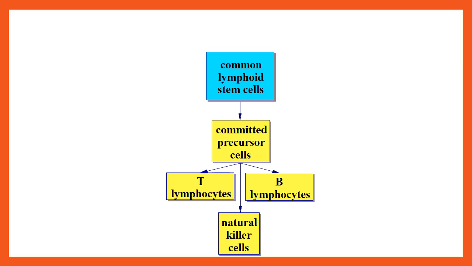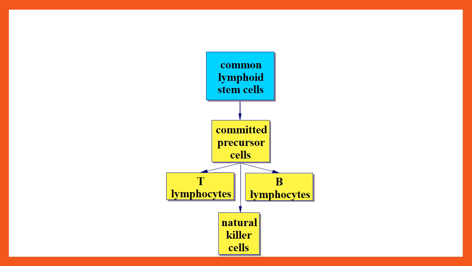So on the other hand, what else can happen to pluripotent stem cells? They may turn into lymphoid stem cells. From lymphoid stem cells, they will turn into committed precursor cells, T-cell progenitors or B-cell progenitors, and these will turn into mature cells. T-cell progenitors will work through the thymus, and they eventually will turn into T-cells, and B-cells will become plasma cells.